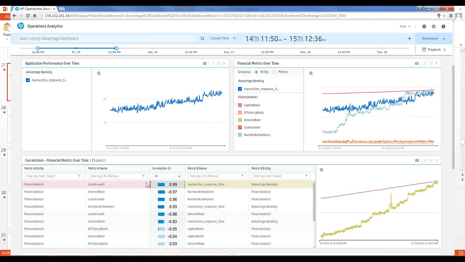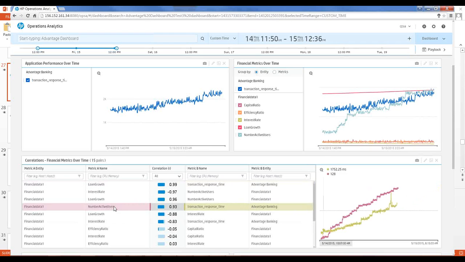So she can see here that there's a very strong correlation between the loan growth and the transaction response time. She can also see that the number of active users and the transaction response time is highly correlated.